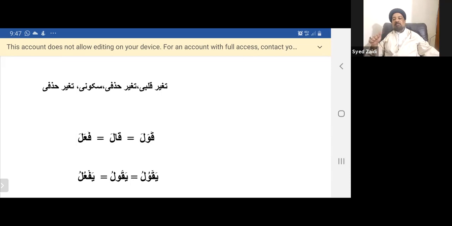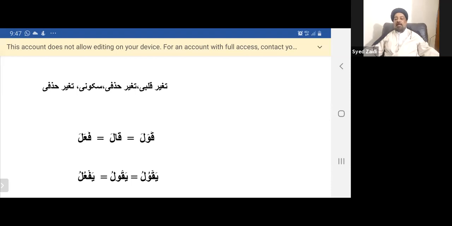So this alif has originated from waw, right? A change has occurred. The original word was qawala. And as you can see in the middle, the word that you find there is qala.